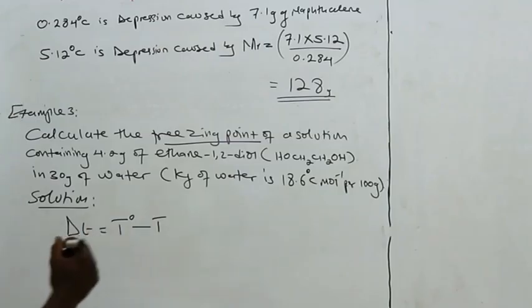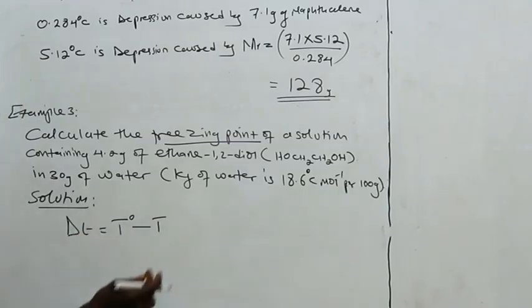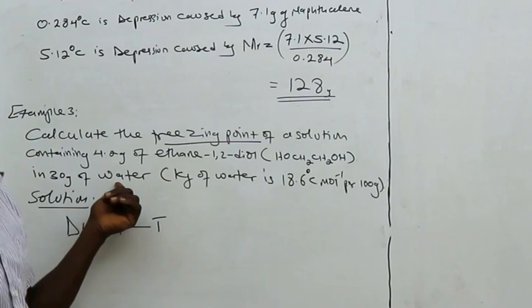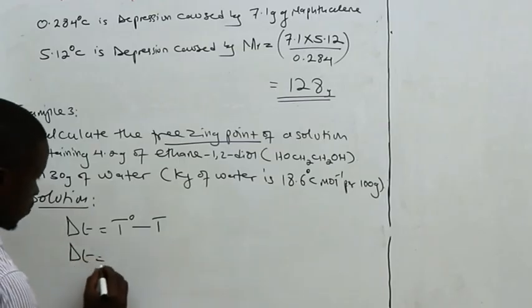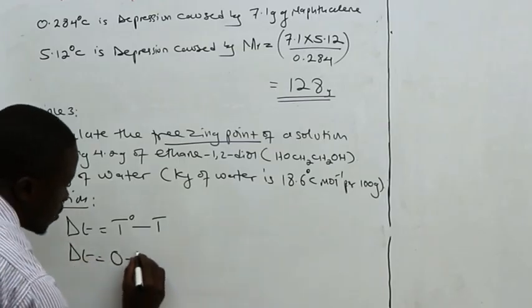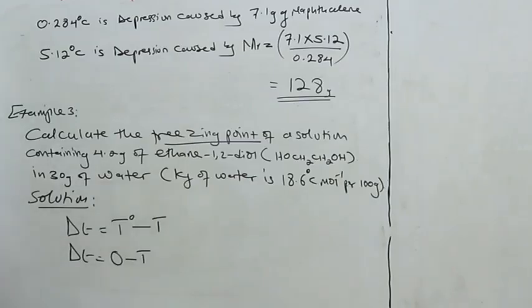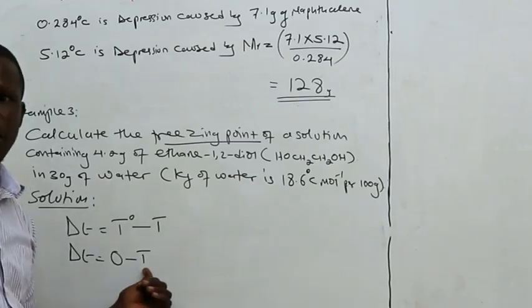So if I know the freezing point of the solvent, what is our solvent in the question? The solvent in the question is water. So what is the freezing point of water? 0. So our dt would be 0 minus t. So you realize that we do not have the freezing point of the solution.